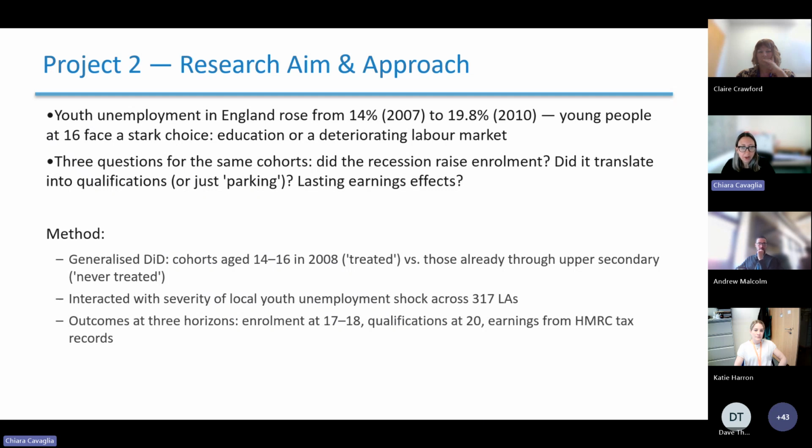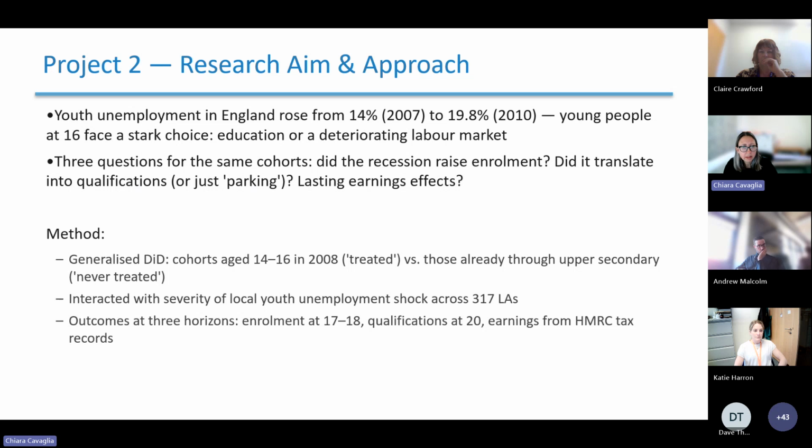So already I can say that for this project, we didn't use the ILR alone, but we used the ILR, NPD data, and HMRC data within the LEO data set. Just to give an idea of the methodology, we compared the cohort that were doing all their education decisions during the recession with cohorts that had already been through upper secondary education.